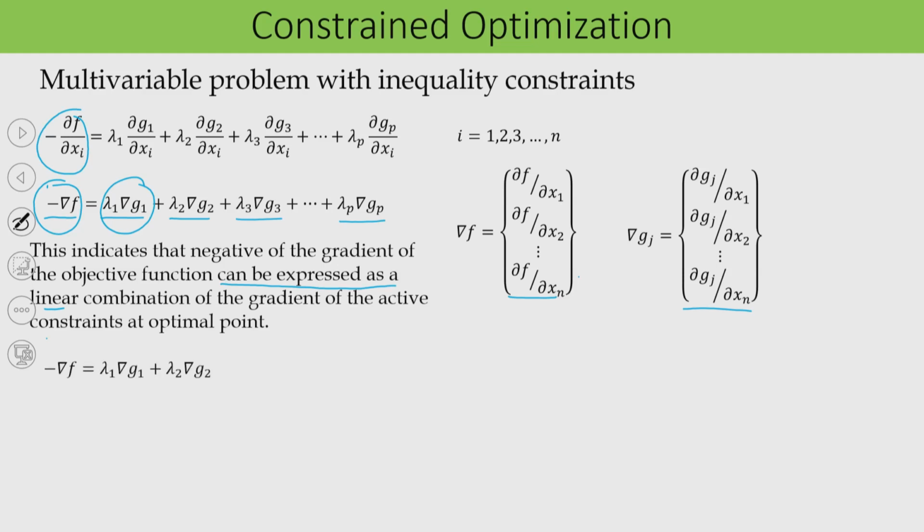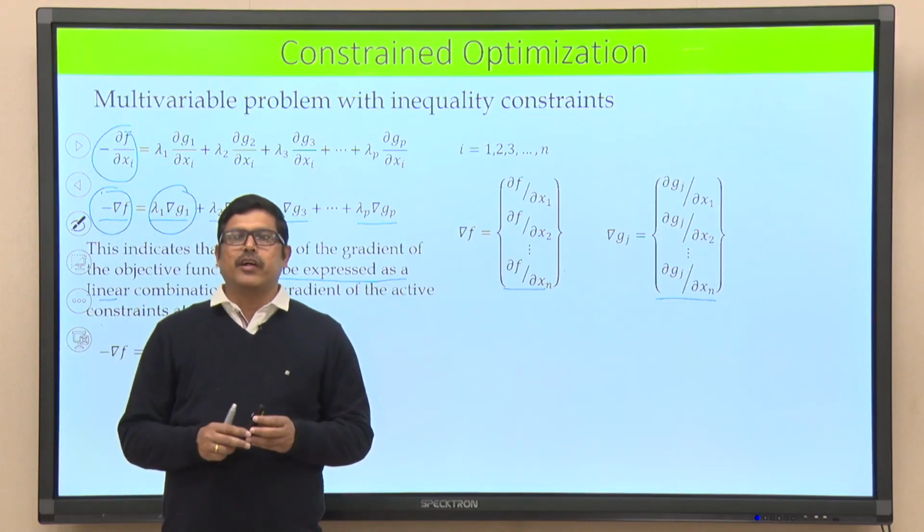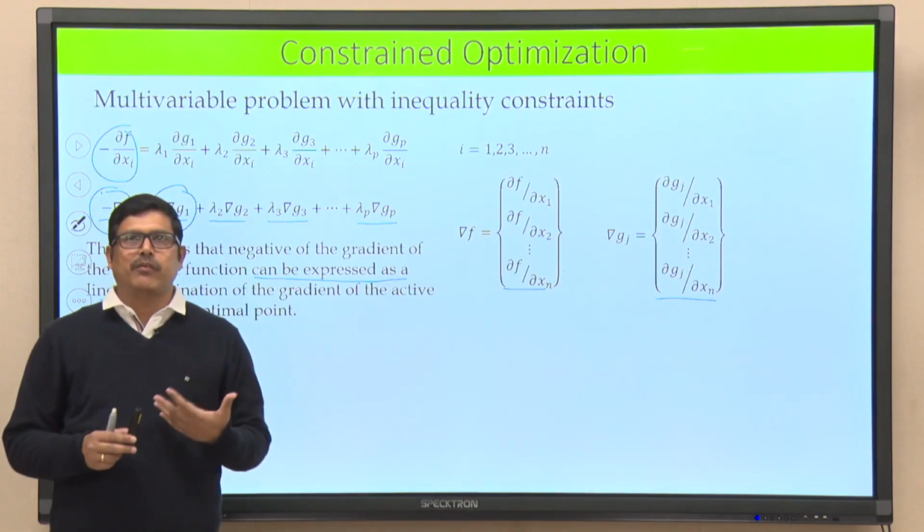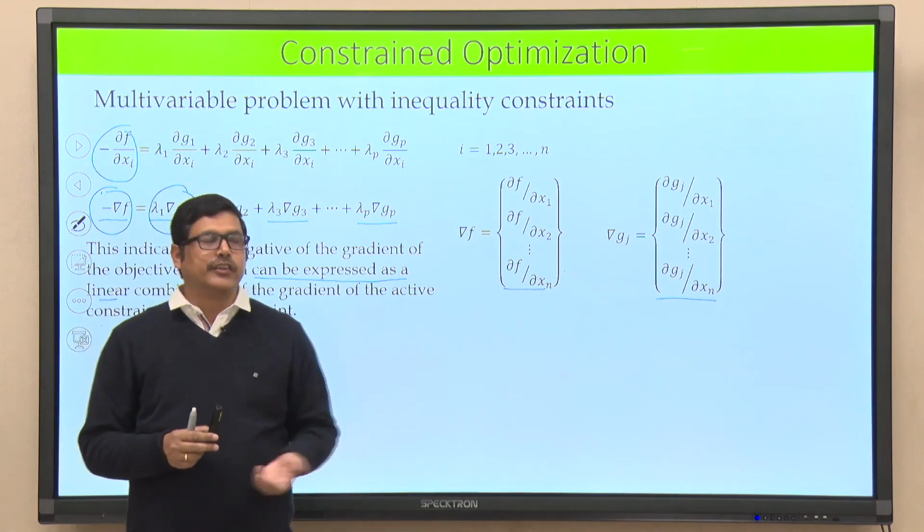Now, let us consider two constraints just to explain the concept. That means we have only two constraints, g 1 and g 2.